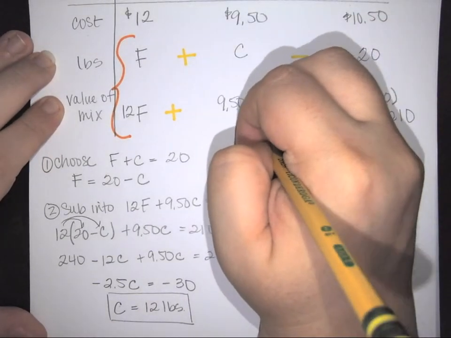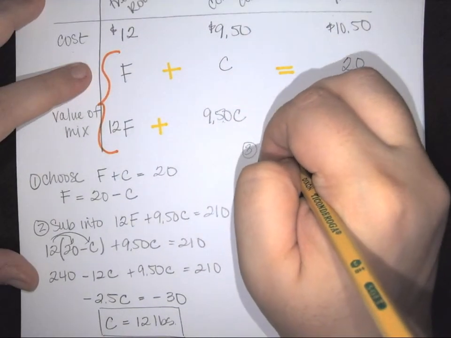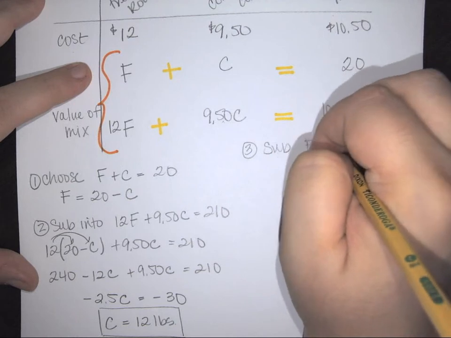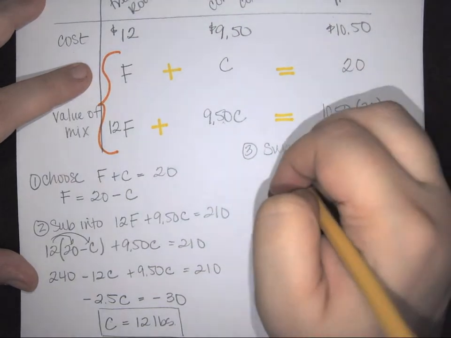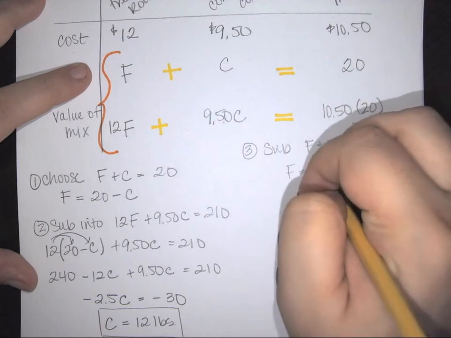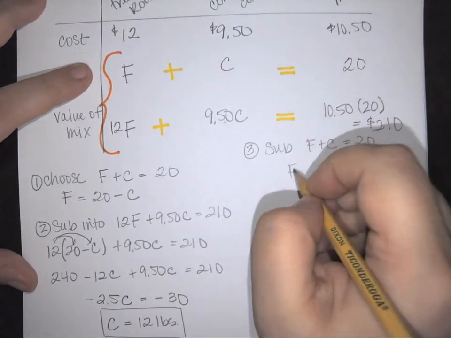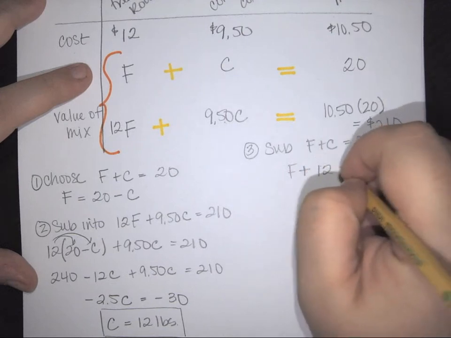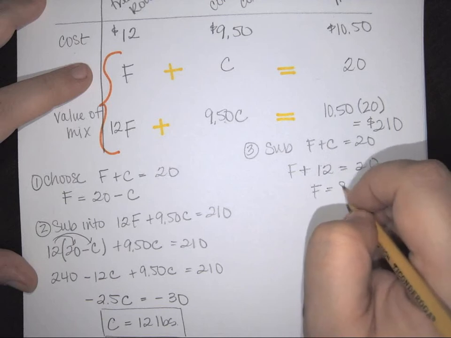Then the next part is we need to take what we know and substitute it back. So again, we are going to sub into F plus C equals 20 pounds. So here we've got C is equal to 12, so F plus 12 is equal to 20. Move the 12 and we get that F is equal to 8.